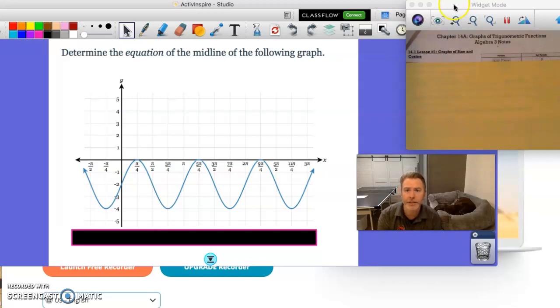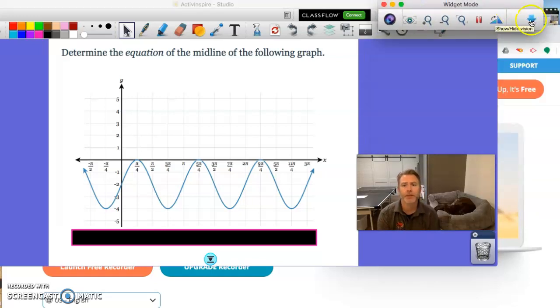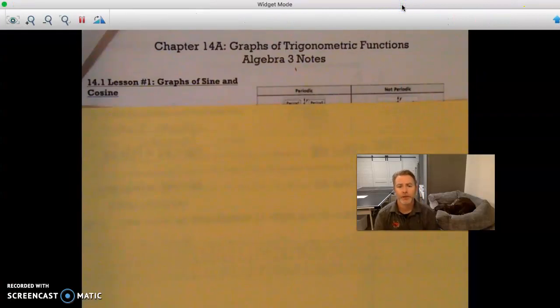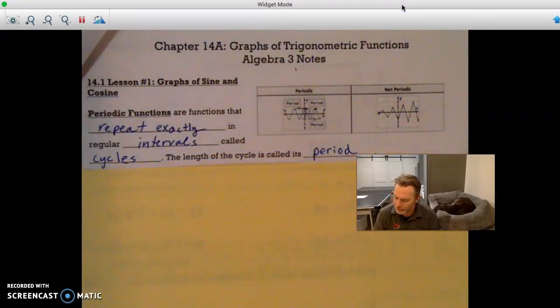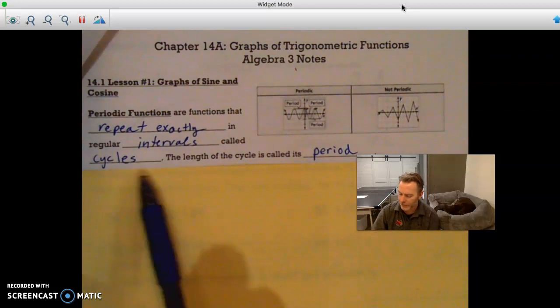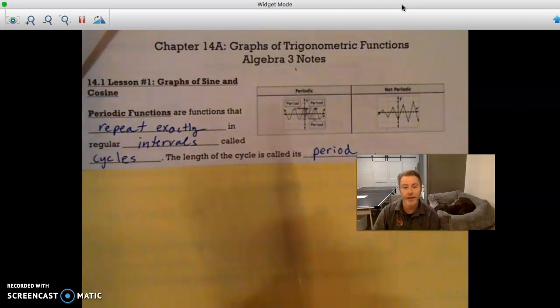The first thing I'd like to show you is some notes. The graphs of sines and cosines are what we call periodic in nature. That means they repeat exactly in regular intervals. Those intervals are called cycles. The length of the cycle on the x-axis is called its period.